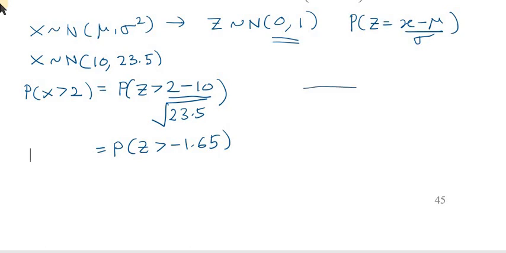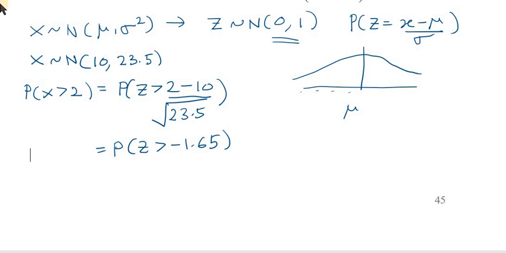Before that, look at the standard normal distribution. It is bell shaped, and the middle is the mean. The area is 0.5 on this side and 0.5 on that side. It is symmetric, and the x-axis is the Z value.